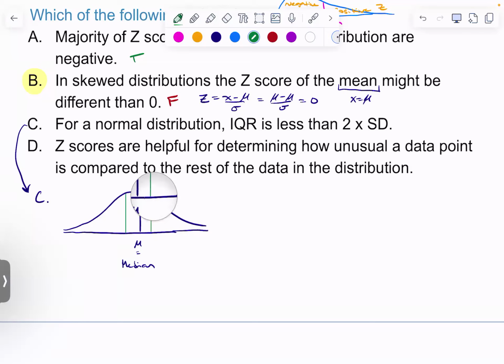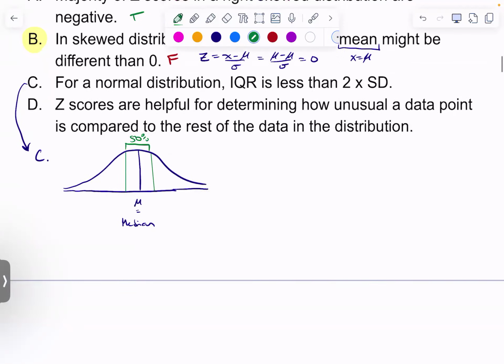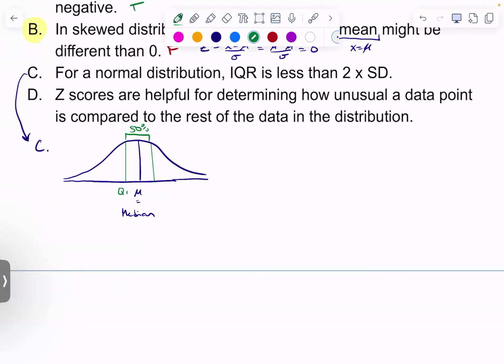This is 50%, and this would be Q1 and this would be Q3. The distance between your first quartile and your third quartile is the interquartile range. So now we know that that area is 50%, just by remembering what the interquartile range and the quartiles do.